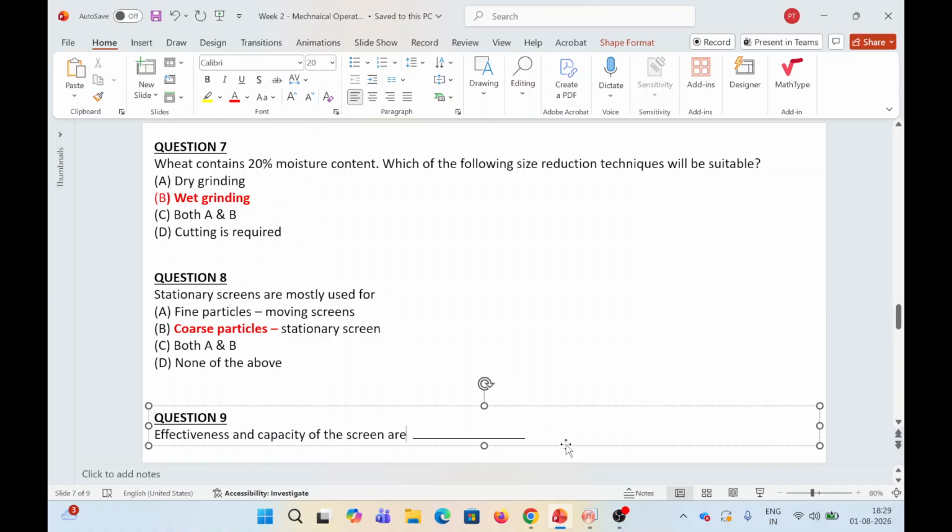The major problem is that initially when you increase the capacity, the effectiveness will increase, and this will happen until a particular flow rate of feed is achieved. Once you exceed that, the effectiveness will decrease. So there will be an initial increase in the effectiveness and then a decrease. Both effectiveness and capacity are highly dependent on each other.